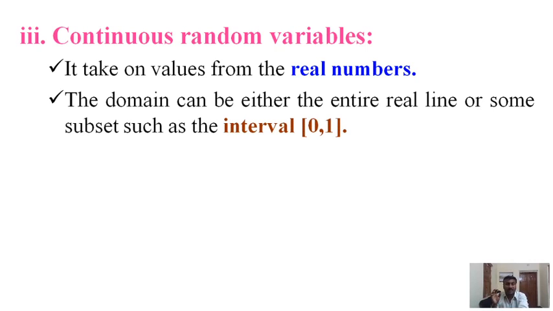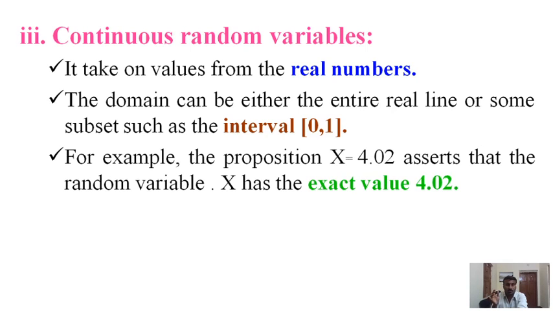The domain can be either the entire real line or some subset, such as the interval from 0 to 1. So the number may be from the real line, or from the interval 0 to 1, like 0.1 or 0.2.